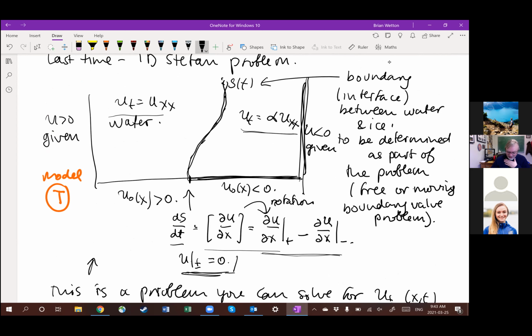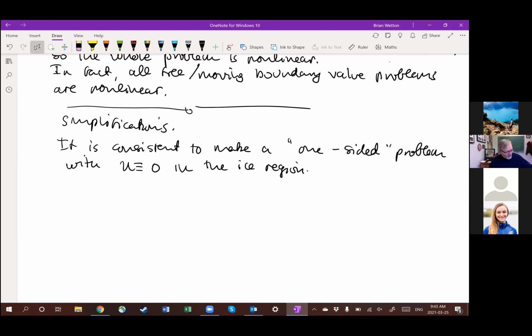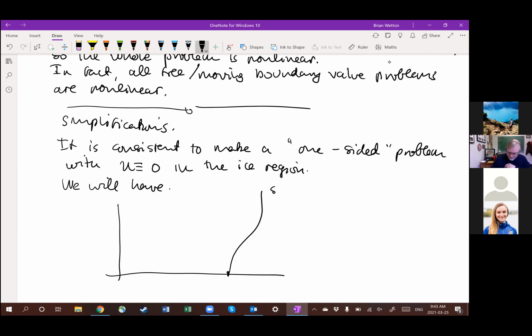And so I'm just going to get U identically equal to 0 in this region, which means I can forget that side and I just have to look at this one-sided problem. So S of t we still won't know, but U will be identically 0 out here in the ice. So I don't have to solve for that part.